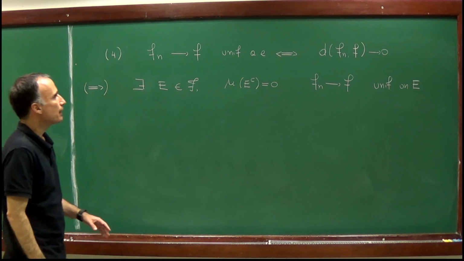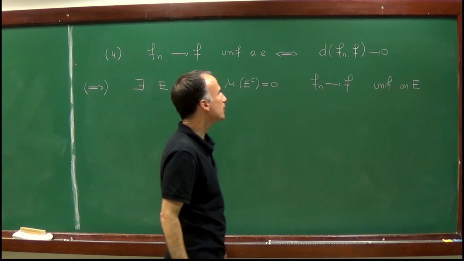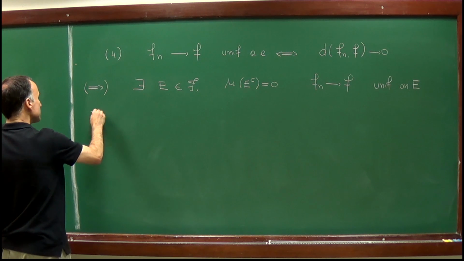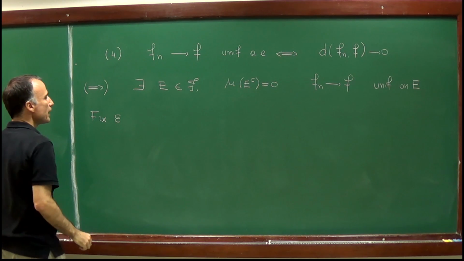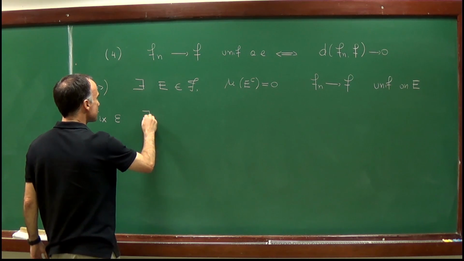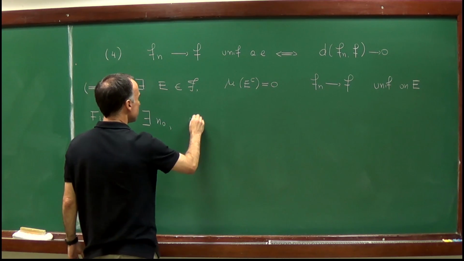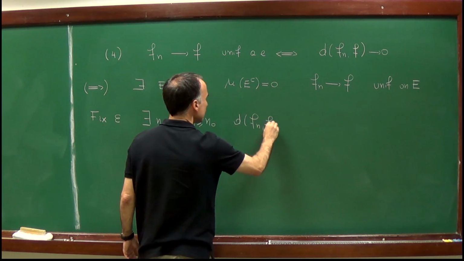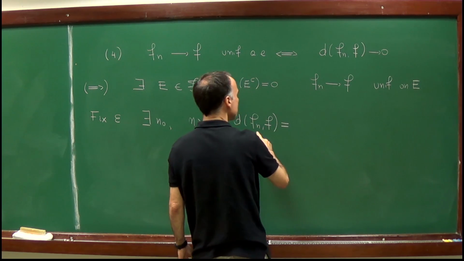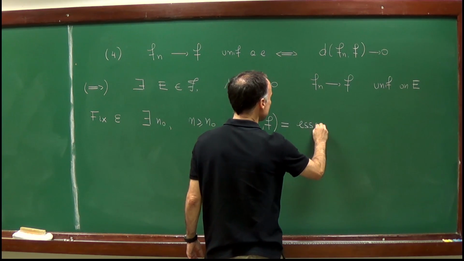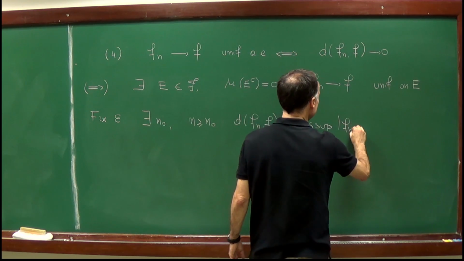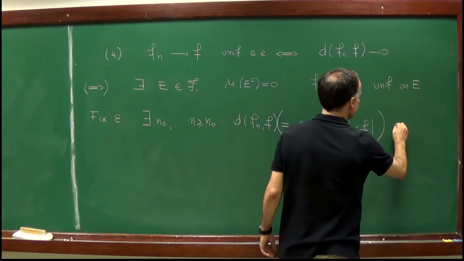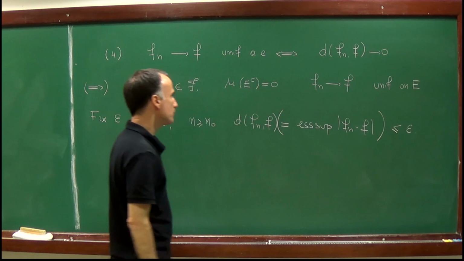So now let's prove that the distance between f_n and f goes to 0. In order to prove that, we fix an epsilon, and we want to show that there exists n0 such that if n is larger than n0, then the distance between f_n and f is smaller than epsilon. So let me just remind that this is the essential supremum of |f_n - f|, and we have to show that this is smaller than or equal to epsilon.